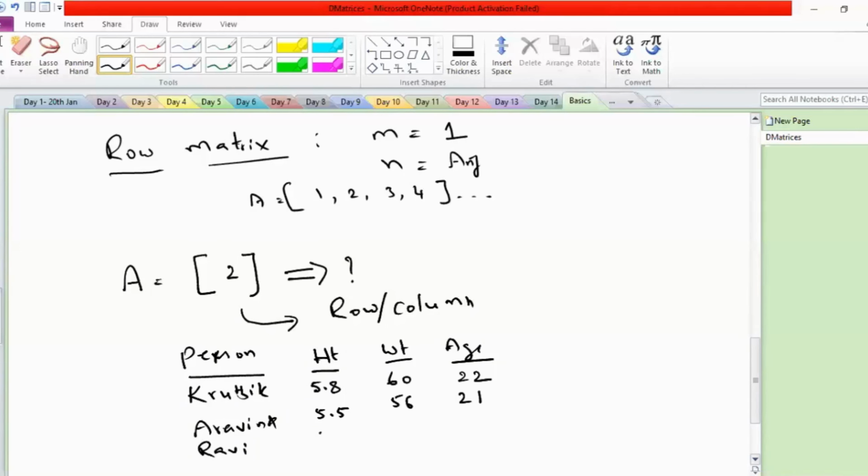Ravi, probably height will be 5.10, weight will be around 67, and age will be about 28. If the data is given like this, how do you represent this data in the form of a matrix? Any idea, my dear friends?